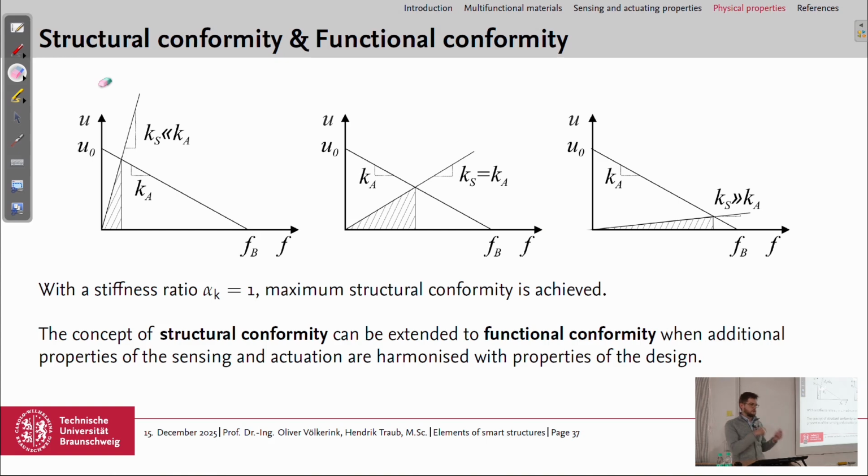If you think back of the multifunctional adhesive bond line, if we integrate these elements as a sensor, then the sensing function may be optimal, but if we use this element also as crack stopping feature, then maybe the best position of these elements is another position than for sensing, and this would be functional conformity, to find the right balance of function and positioning of the elements in the structure.